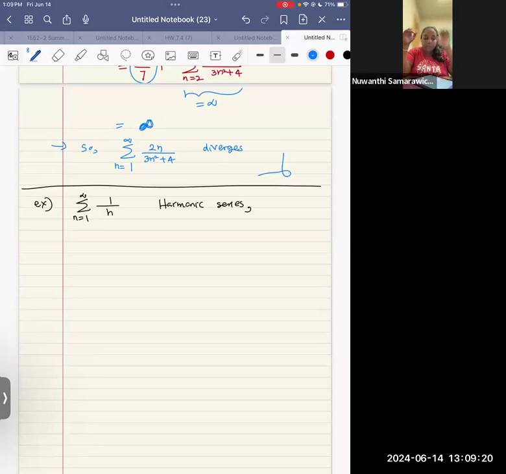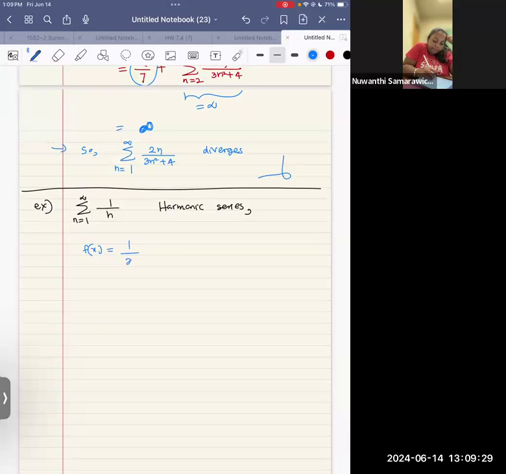So this is another proof that the harmonic series diverges. What is the corresponding function? That is 1 over x. So we need to check whether this is continuous, positive, and decreasing.